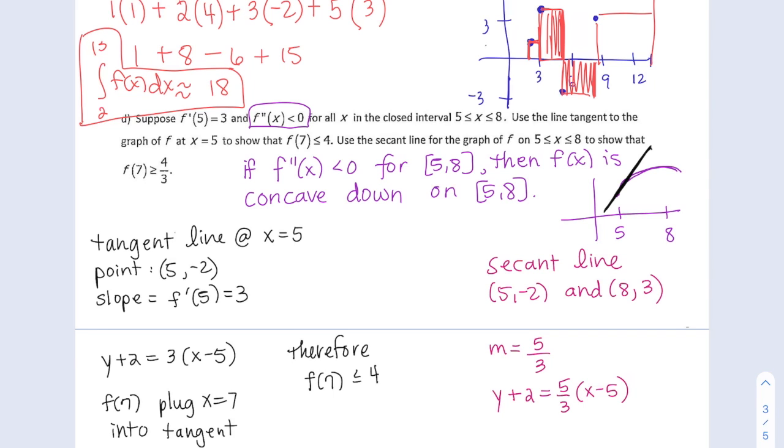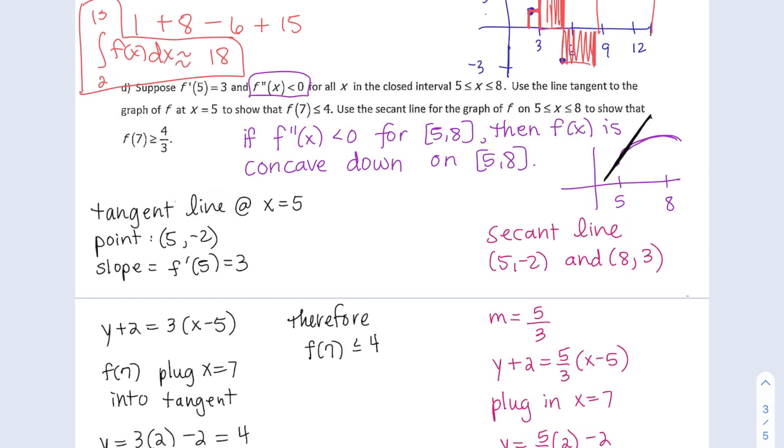And it asks us to find f of 7. So I want to plug in x equals 7, we get y equals 5/3 times 2 minus 2, and that's 10/3 minus 6/3, y equals 4/3. That was hard for some reason.